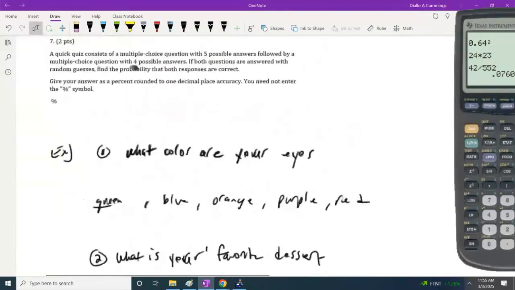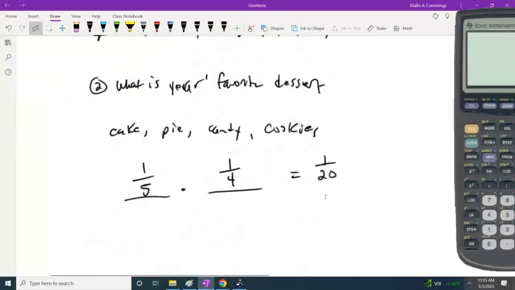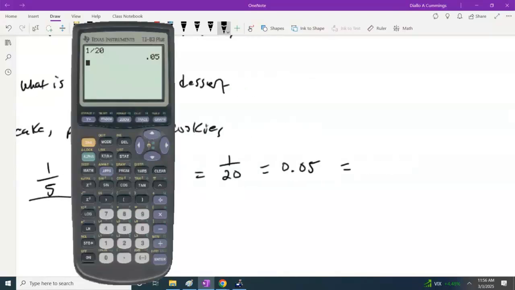But be careful on this problem because you must answer the question as a percentage. So we have to convert this fraction to a percent. The first thing we're going to do is convert the fraction to a decimal. 1 divided by 20 is 0.05.